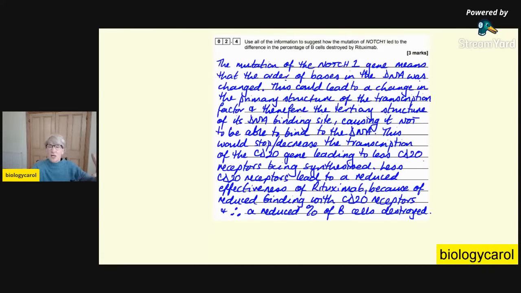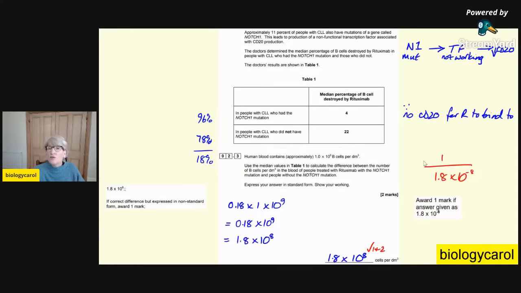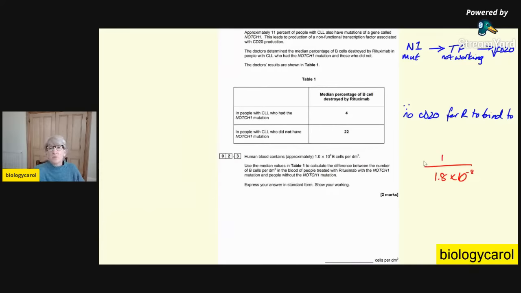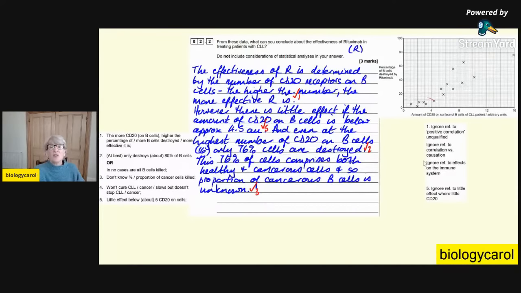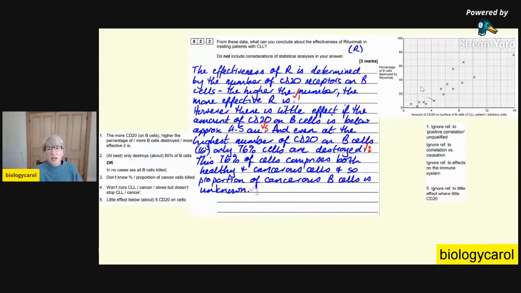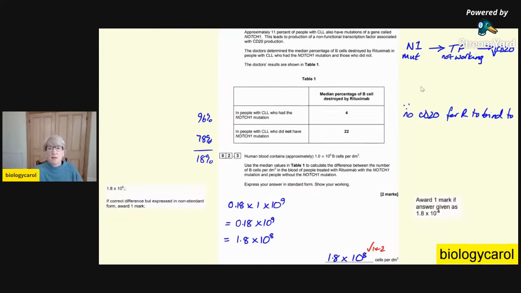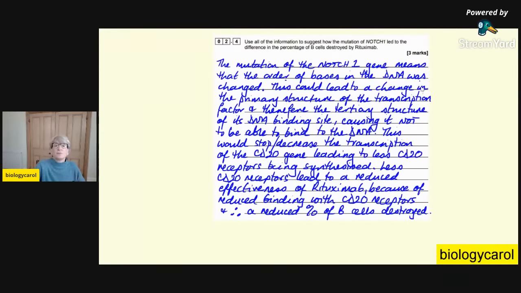So this is using all of the knowledge, the fact that we're talking about a mutation, and also understanding how rituximab works. So right back here to my silly little diagram at the top. It's really taking on board everything that you have learned, or you've been told rather.